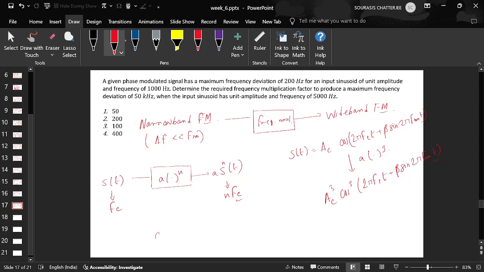Now what is happening, if we go for the trigonometric identity, cos cube theta has the following formula: cos 3 theta plus 3 cos theta, then divided by 4.